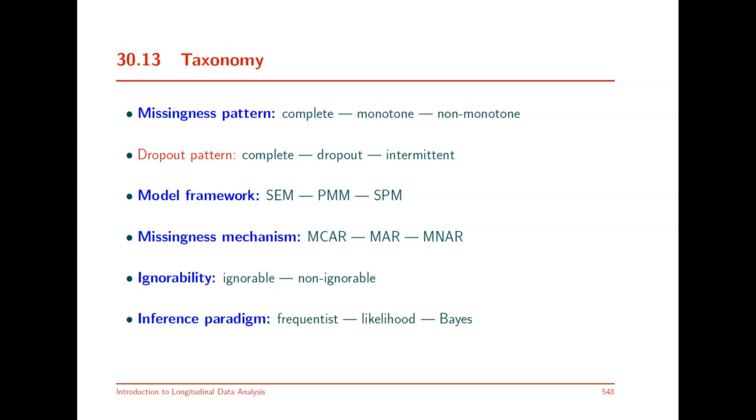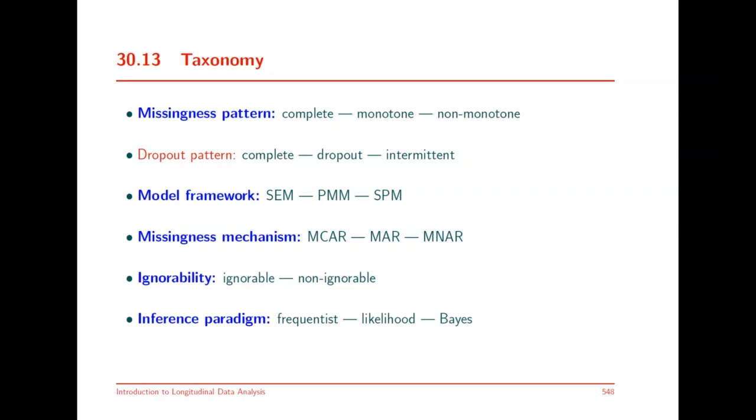So there's the pattern. There are 5 dimensions in blue, and then the first one with the red dropout pattern is applied to the specific case of dropout as well. But in general, whether it's a longitudinal study or a survey or an epidemiological study, anything else, we distinguish between complete, monotone, and non-monotone patterns.